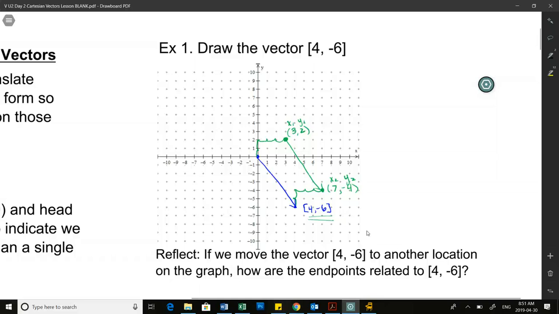Then I have my 4 and my -6. That's our grounding for how, if I have the tail and the tip of a vector, I find the value of that vector when arranged from 0, 0 to the tip.